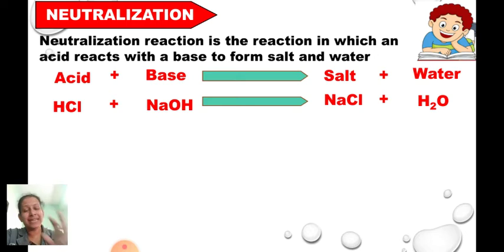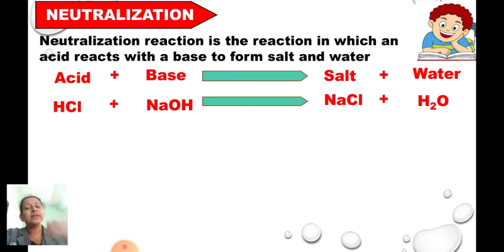Suppose HCl reacts with KOH. Do you know which salt will be formed? In place of Na, you just have to add K. So instead of NaCl, you will write KCl. So HCl plus KOH gives KCl plus H2O, where KCl is potassium chloride.